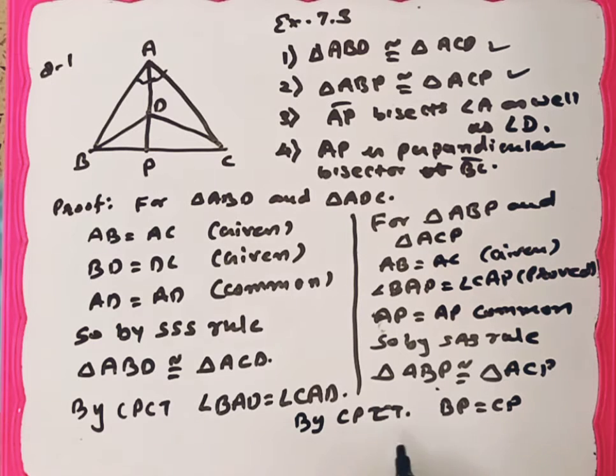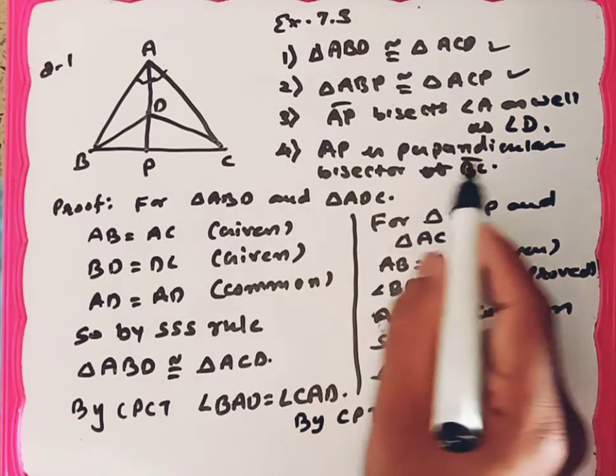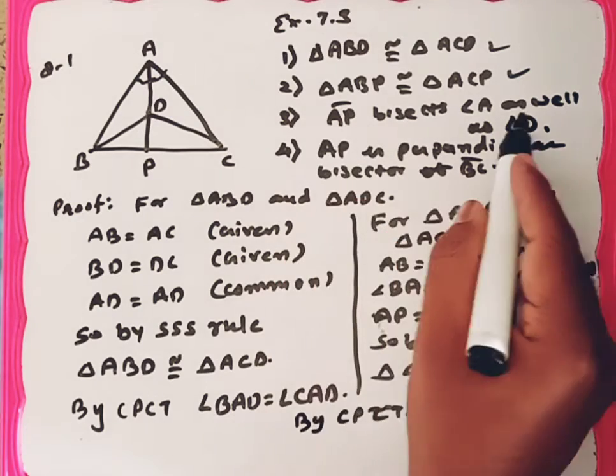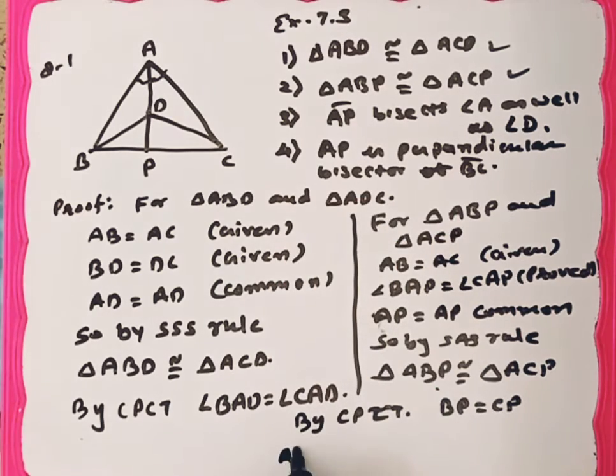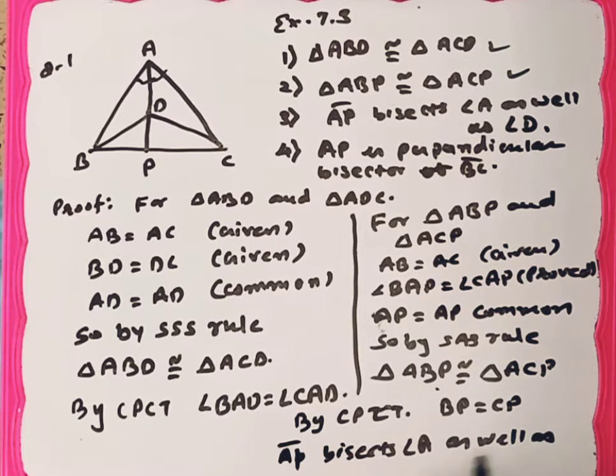And therefore AP bisects angle A as well as angle D, and AP is perpendicular bisector of BC.